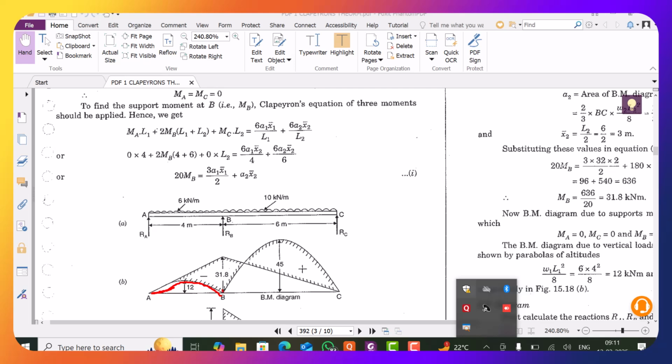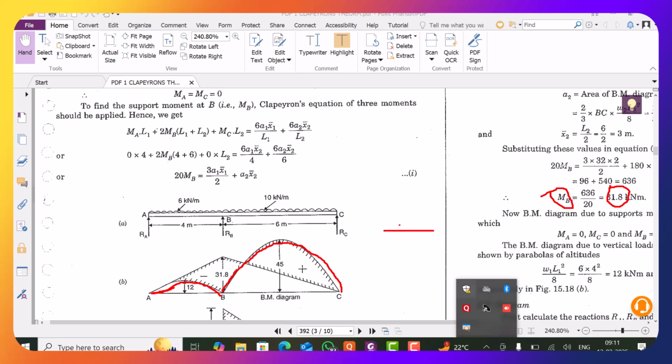WL square by 8 and WL square by 8. So these are the bending moment diagrams because of loads, that is, the sagging one. Then you have to plot this hogging moment MB which you have calculated, 31.8. So 31.8, the hogging bending moment, is actually negative.